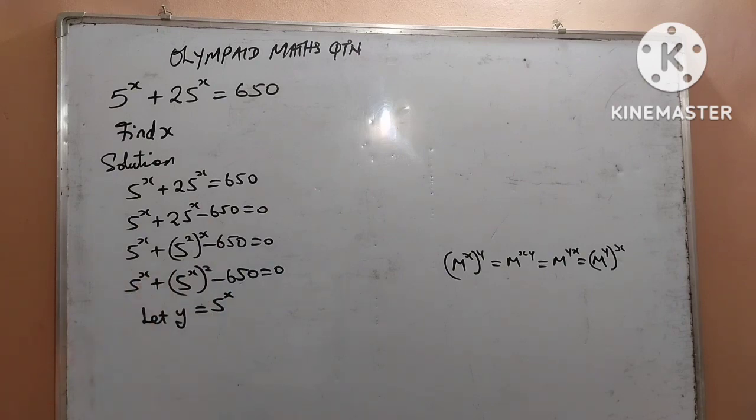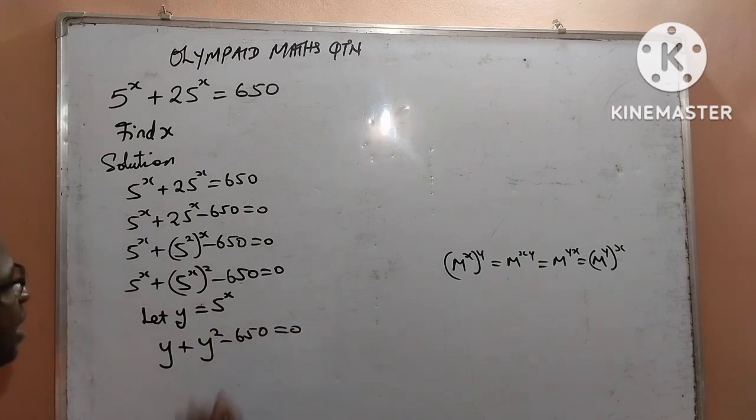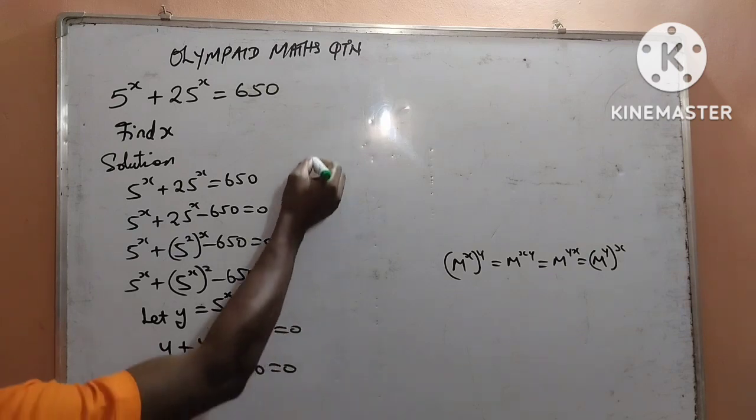That means here I have 5 to the power x, which now shall be written as y, then 5 to the power x again shall be written as y, then to the power 2, minus 650 equals 0. Now it looks like a quadratic equation, but I can now interchange the positions here to have y to the power 2 plus y minus 650 equals 0.